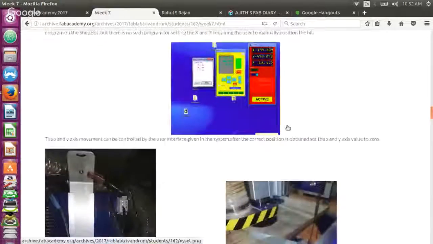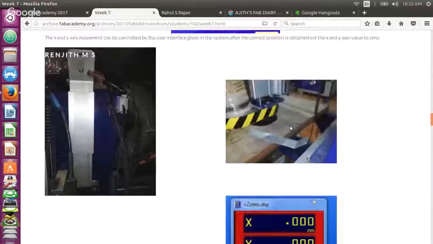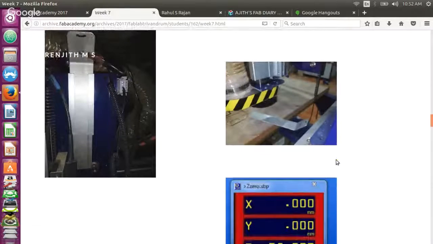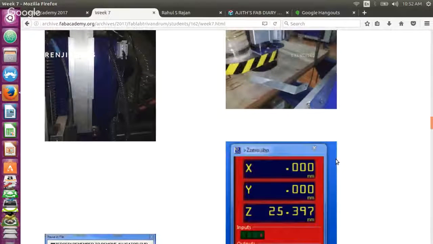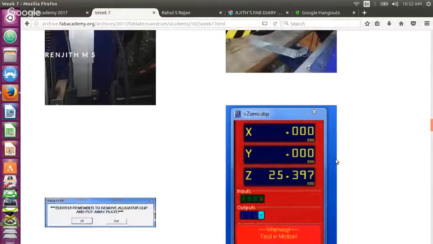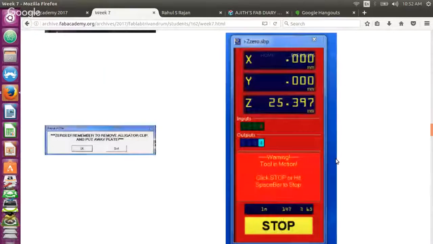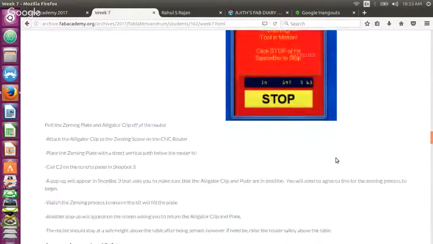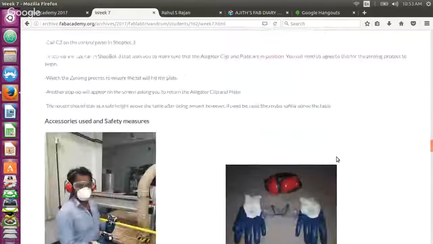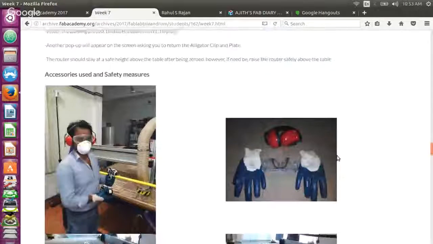And this is the thing that I felt. Actually, I like the process. This is testing, and I am writing something more on that. These are the accessories, actually safety measures.